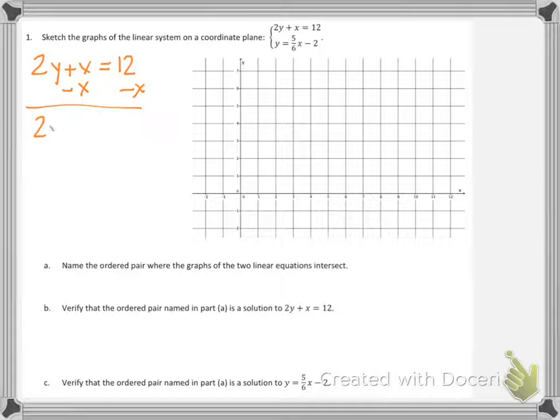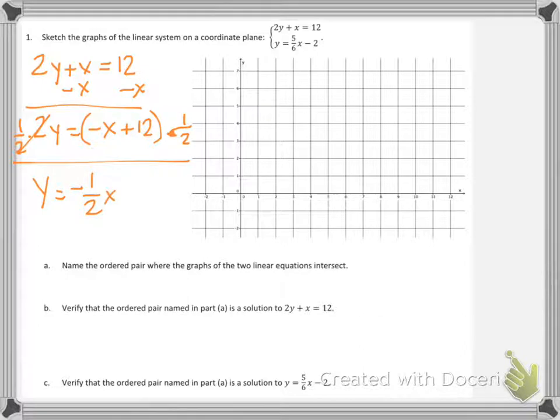That gives me 2y equals negative x plus 12, and then I'm going to multiply by the reciprocal of 2 on both sides, and I get y is equal to, sorry, that's a positive 1/2. So positive 1/2 times a negative 1 is a negative 1/2 x. And then half of 12 is 6. So y equals negative 1/2 x plus 6.